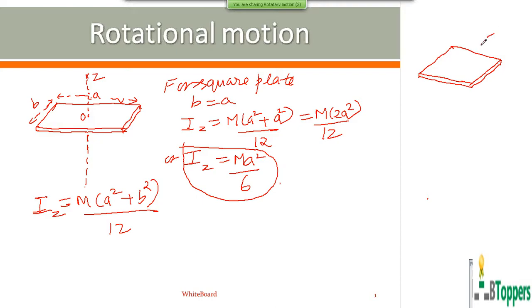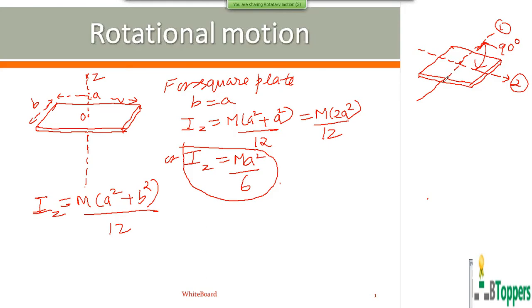Suppose let us consider two axes in the plane of the square plate. This is axis 1, axis 2. Axis 1 lies in the plane of the square plate. Axis 2 also lies in the plane of the square plate.